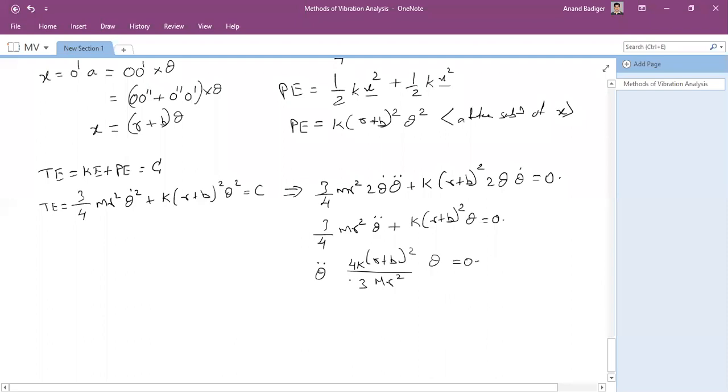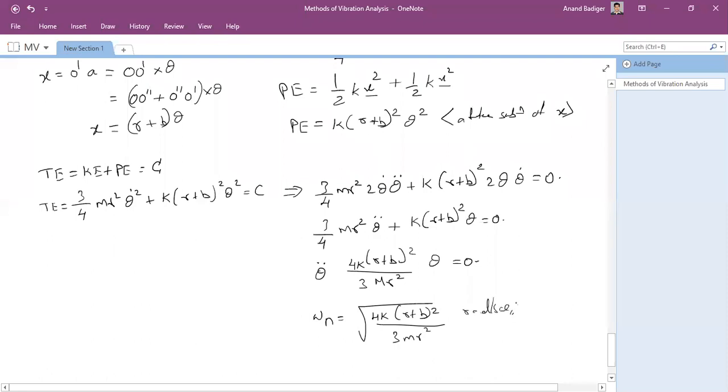So I can rewrite in this particular form. So finally I can write omega n is equal to under root of 4k r plus b whole square divided by 3 m r square radians per second.